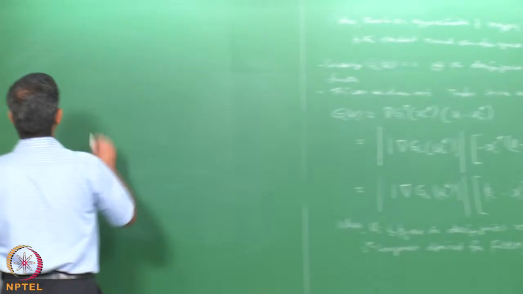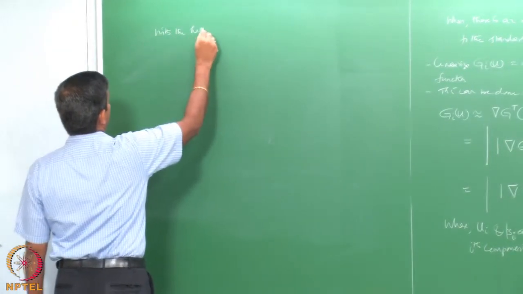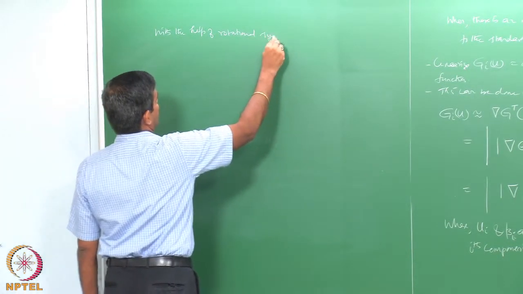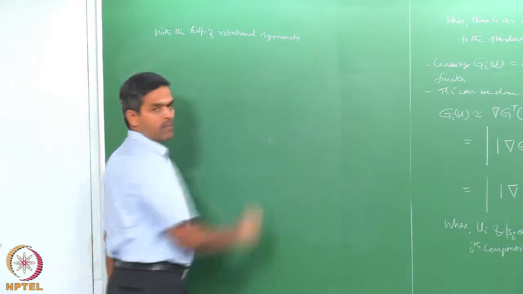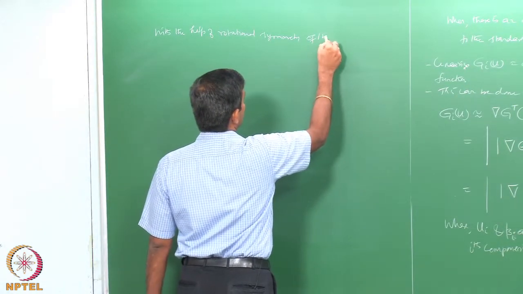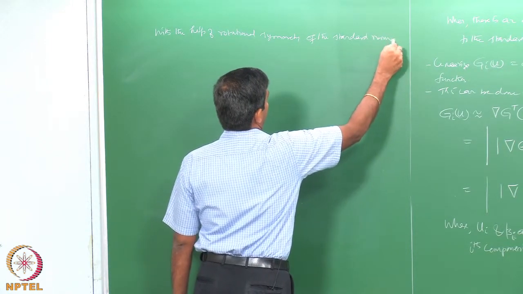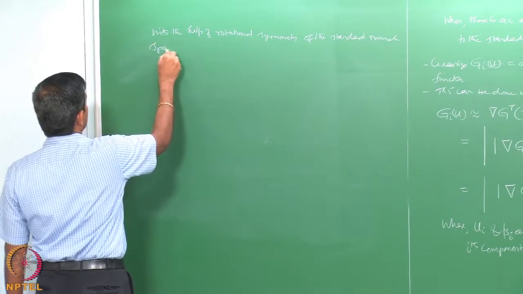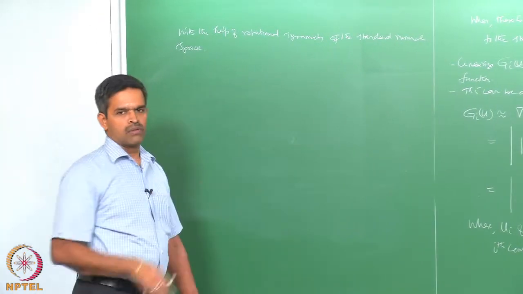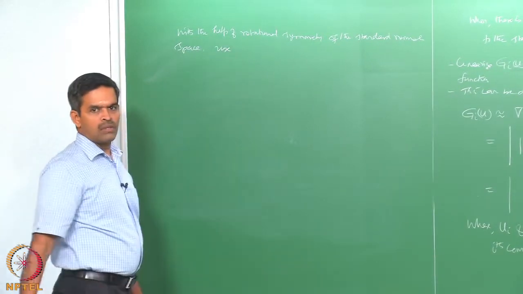So, with the help of rotational symmetry of the standard normal space, which is actually used when you are transforming the non-normal variable to the normal variable, one can use De Morgan's law.